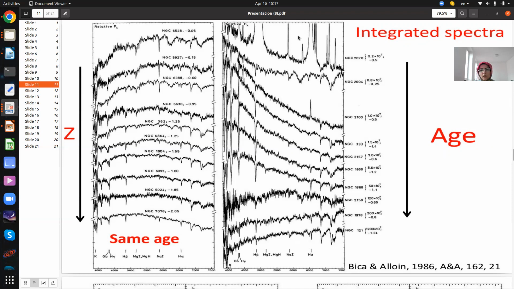We have more lines, emission lines, for young clusters and fewer lines for old clusters. And here you see the metallicity. Also for young clusters, we have more metallicity, but for old clusters, we have less metallicity, as you see here.